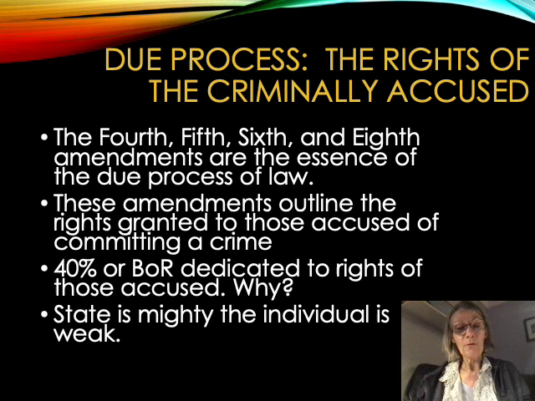But the Bill of Rights makes it so that those who are accused of crime have a level playing field, right? They have to be told why they're being charged with the crime. Habeas corpus rights. They have to be given a fair jury trial, right? They can't be forced to confess or forced to testify themselves at trial. And then when you punish people, you can't punish them in a cruel and unusual manner.